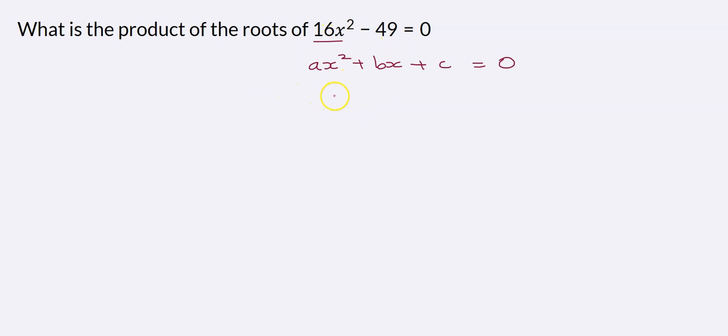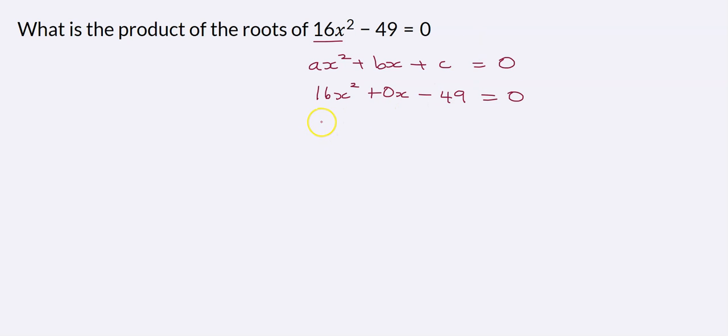So just as practice as you learn how to work with quadratic equations, I'm going to write it in this form. This is going to be 16x squared. Because we don't have a linear term, I'm going to make it 0x, and then we have minus 49 equal to 0. Now you can see that it's easier to compare.